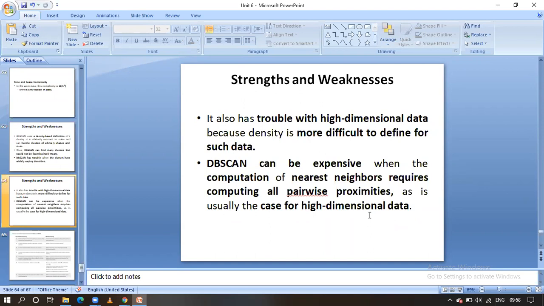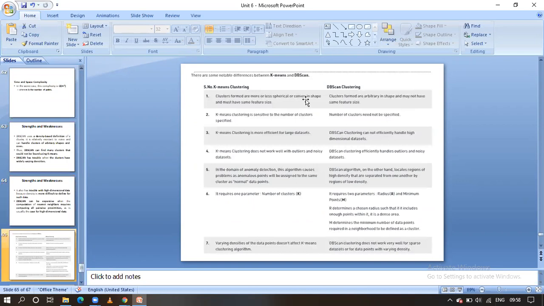Let us compare the k-means algorithm and the DBSCAN algorithm. Coming to k-means, it's only able to form clusters in a spherical or convex shape.